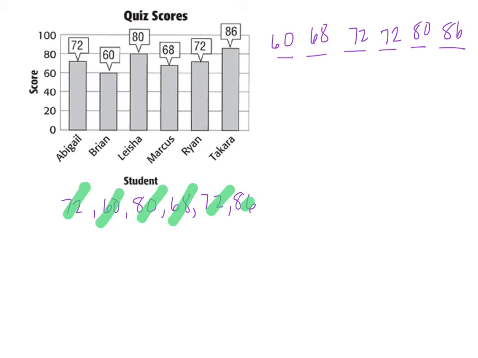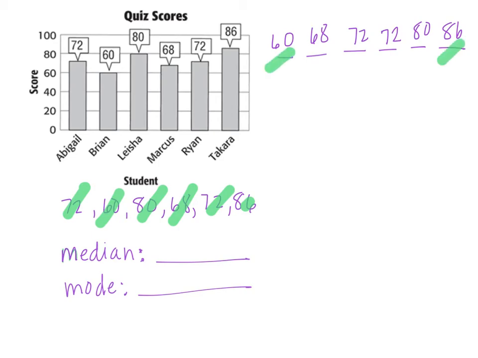So now I need to write down what I need to find. Oops, let's do that in purple. It'll show up a little bit easier for you. The median, the middle, and I need the mode. All right, as I'm finding the median, I'm going to cross off 1 from each end.